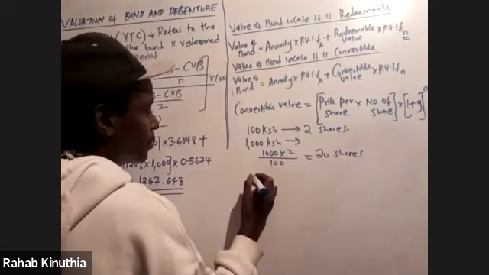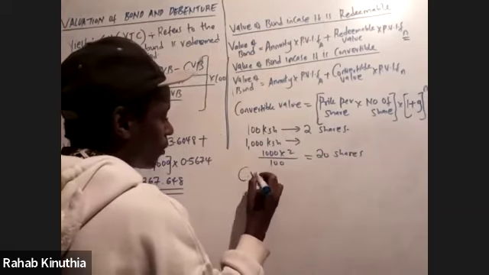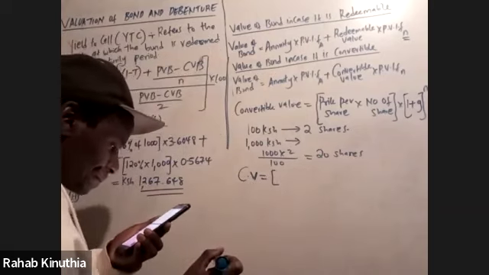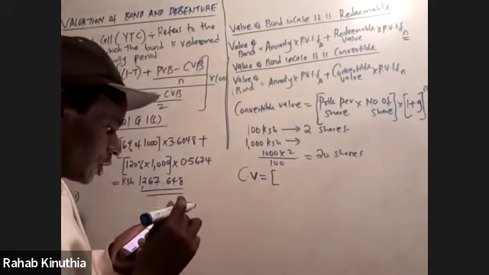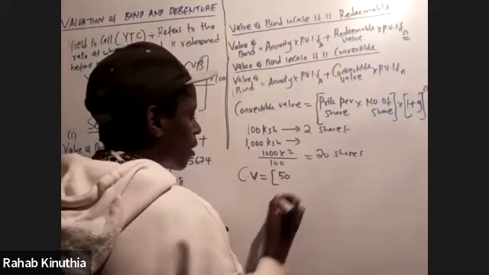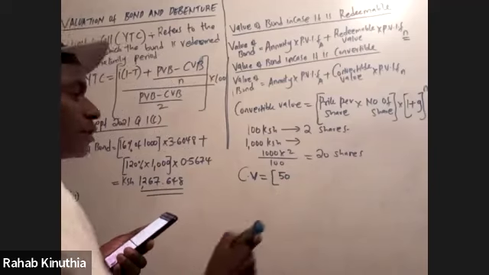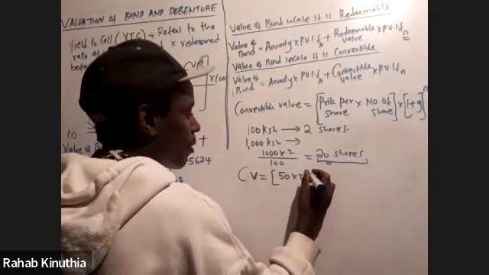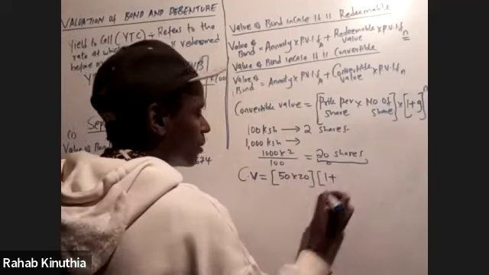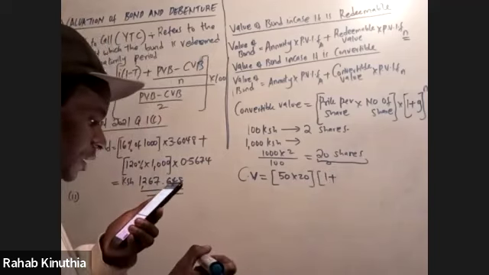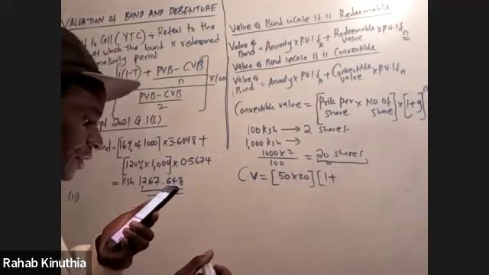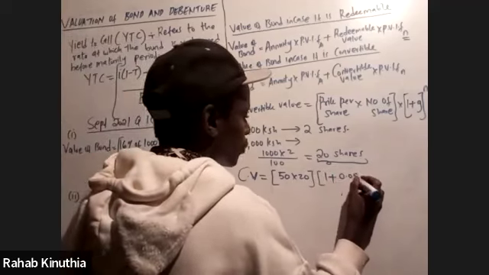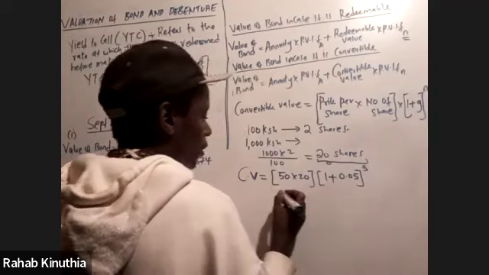Now let us find the convertible value. What is the price per share from this question? The security is trading at 50 per share. How many shares shall we get if we convert? We shall get 20 shares. Then they say the share will increase at a constant rate of 5%, so 0.05, for 5 years.